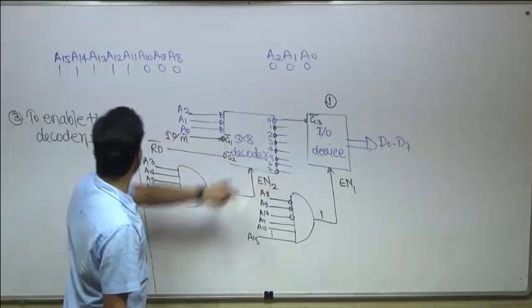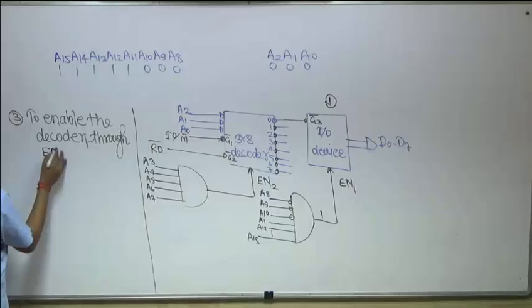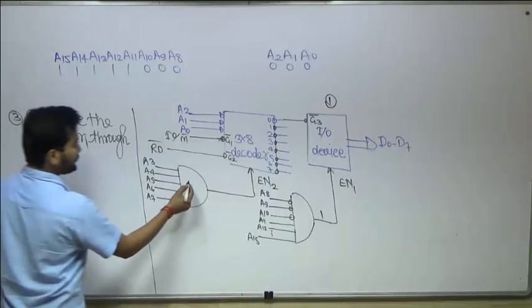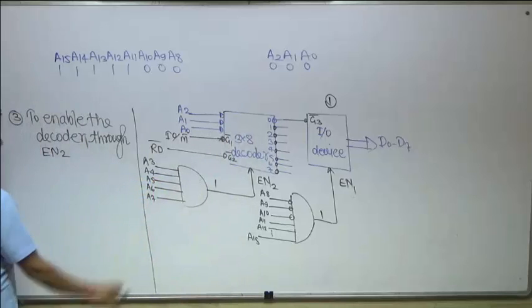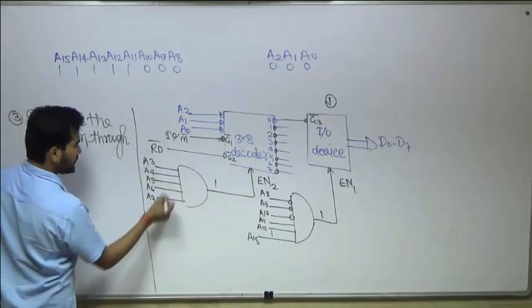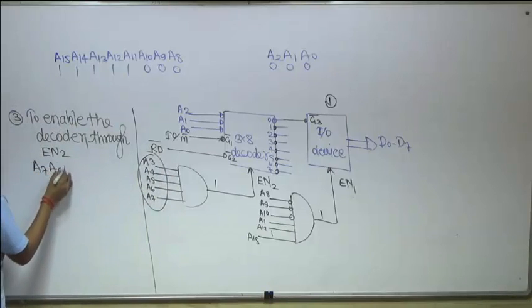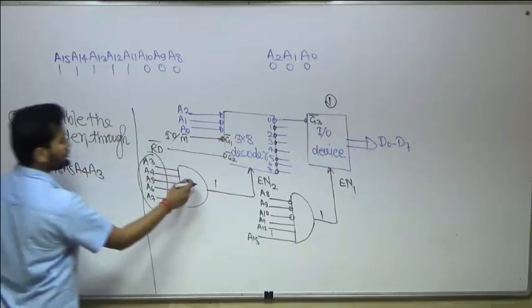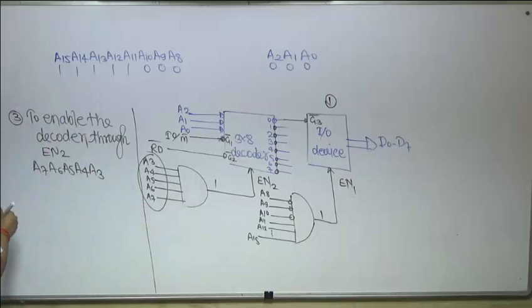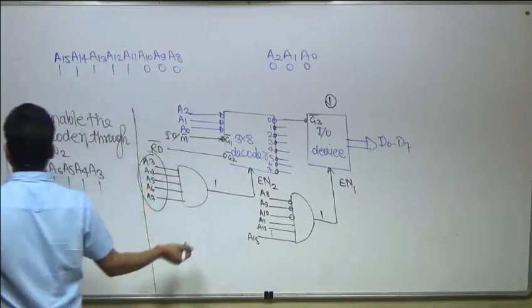So to select or enable the decoder through EN2, the output of this AND gate should be 1 so that the 3 to 8 decoder is enabled. What should be the condition over these address pins A7, A6, A5, A4, A3 so that the output of the AND gate is 1? If all these pins are 1, then the decoder will be enabled through the EN2 pin.